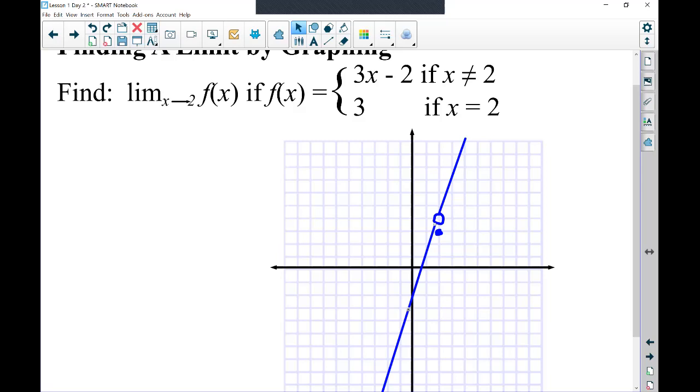I don't care if there's a hole there, but if my fingers come together, the y value where they come together is my limit. So this one, the y value is 1, 2, 3, 4. The limit is 4. The function value is actually 3, but the limit is 4 because that's where my fingers come together.